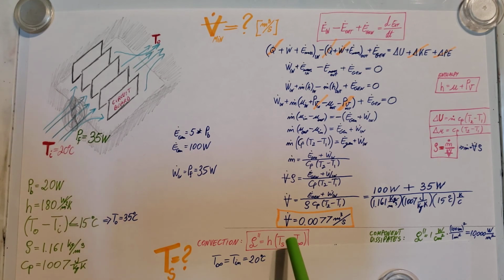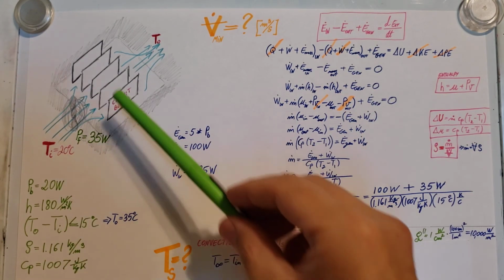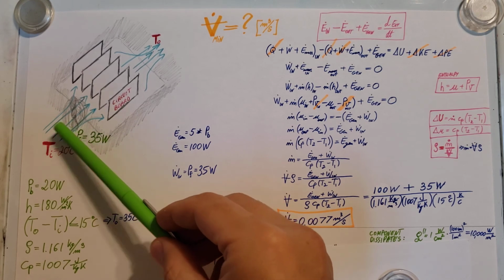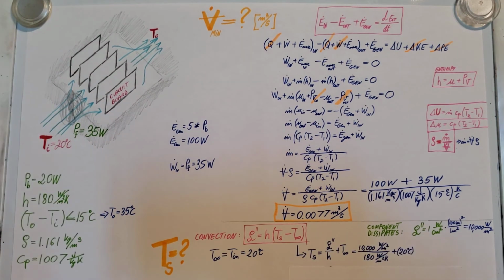Now Ts minus T infinite. Which one is which? Ts would be the surface temperature that we're looking for. That's the component surface temperature. Now T infinite is the air that's flowing around it, right? So we said we're coming close to the entrance, so we're gonna use 20 degrees Celsius. So T infinite is equal to T in equals 20 degrees Celsius.